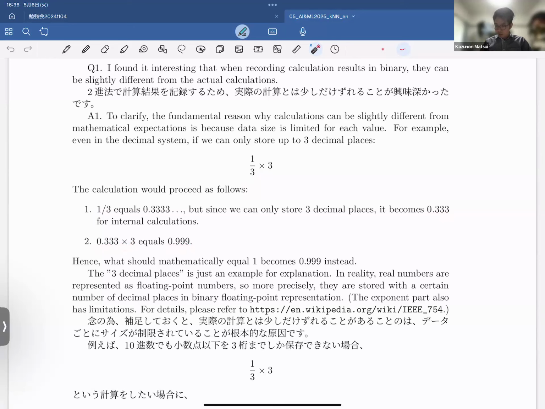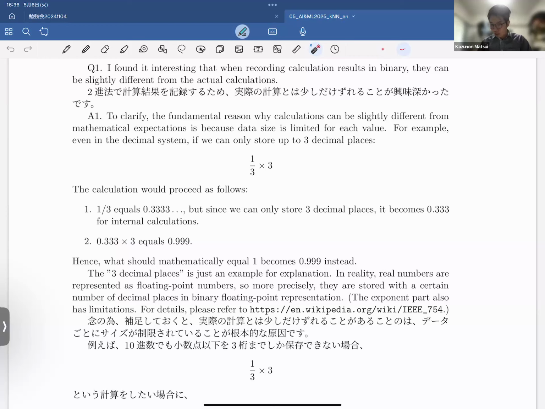This is what happens inside computers. The same thing happens with larger numbers of digits, which is why calculation results may not exactly match the mathematically expected values. Up to 3 decimal places is just an example for explanation.